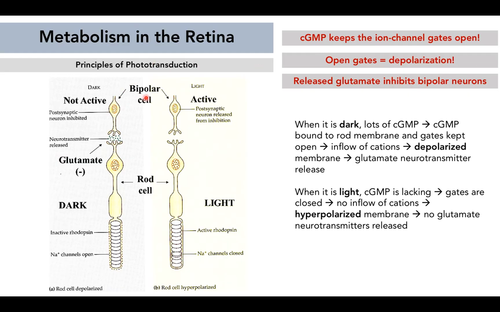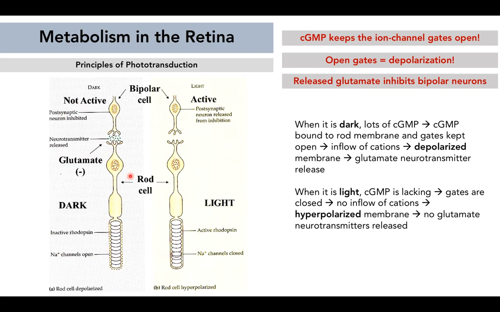So these are the bipolar cells, and these are the rod cells. Remember that cGMP keeps the channels open, and when these channels open, depolarization will occur, as in this case.